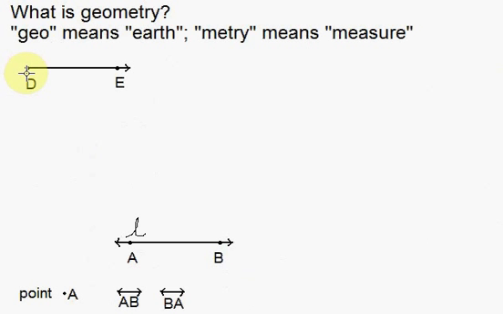This particular ray is going in this direction, and it is very important how you name this ray. This is called ray DE. You cannot call it ray ED because you have to begin with the endpoint and go in this direction. With lines you can say AB or BA. With rays you have to say DE. You have to start with the endpoint.